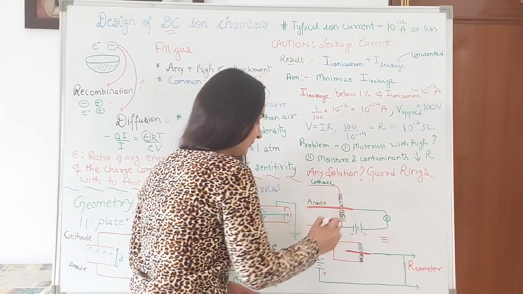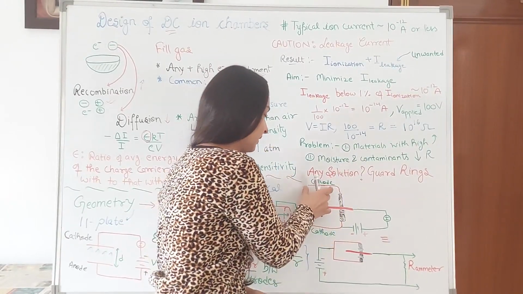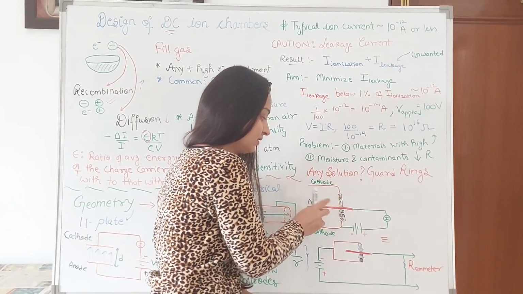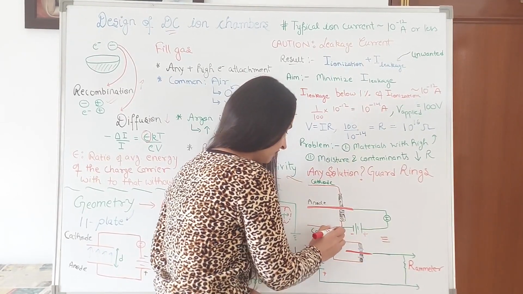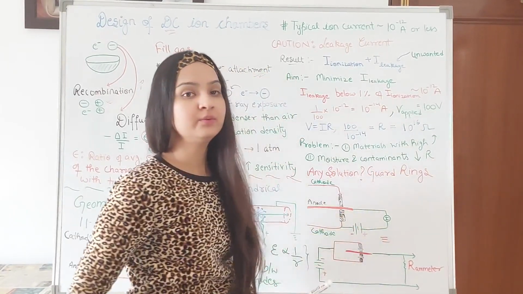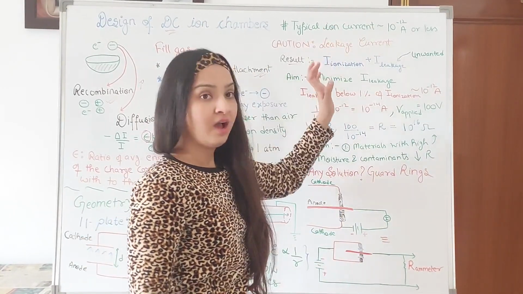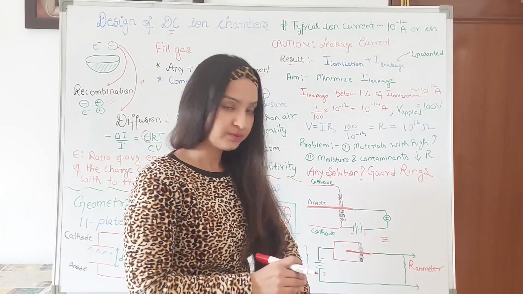So this black part is your insulator which is separating your cathode from the anode. You can see this at both ends. The anode will be connected to the positive end of the battery, and the cathode will be connected to the negative end, and you have an ammeter which will be measuring your ionization current. So this is the simple construction that you know so far.